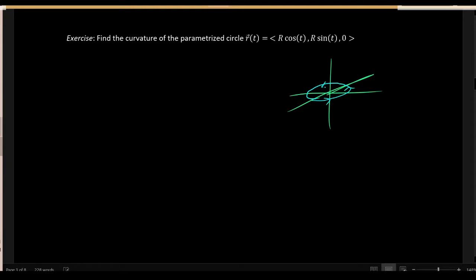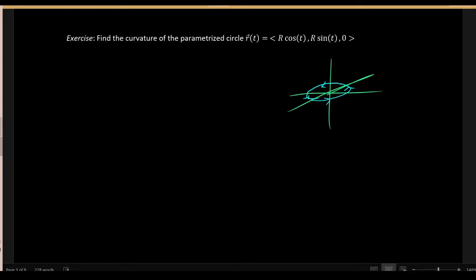But remember that curvature is something that can only be calculated using a three-dimensional representation of that movement, because we do have to calculate the cross product. And cross product is only something that can be done with three-dimensional vector-valued functions. So let's determine the curvature of a circle of radius r.